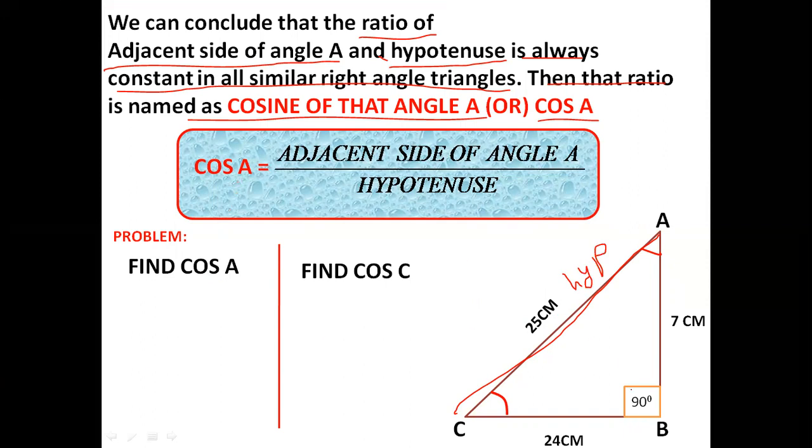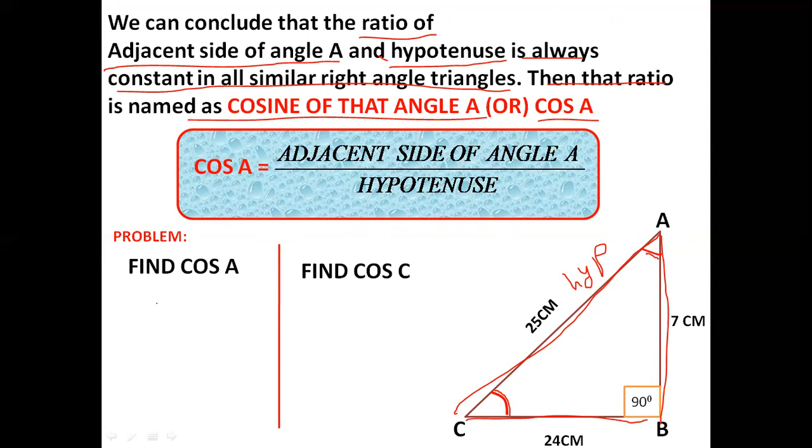Now the remaining two sides are the opposite side and adjacent side, which depend upon the angle taken by us. Suppose you take angle C, then AB is the opposite side and CB is the adjacent side. If you take angle A, then CB is the opposite side and AB is the adjacent side.